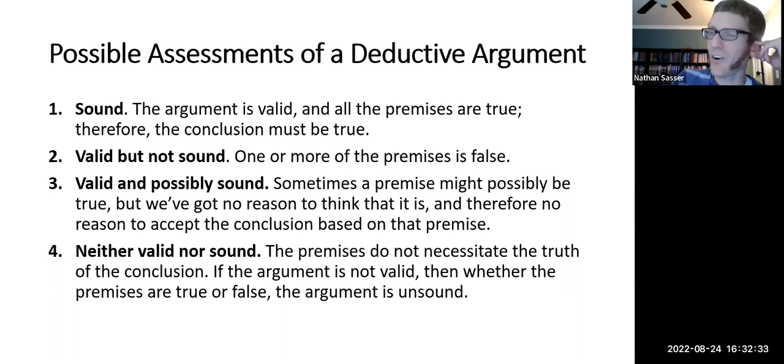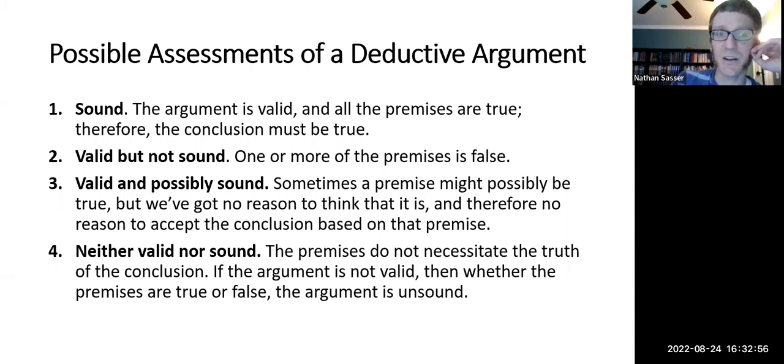You might determine the argument was logically valid, but it's not sound because one or more of the premises is false. So no go. You might determine that the argument is logically valid, but you're not sure whether or not one of the premises is true. And so therefore it's possibly sound, but possibly not, like we just talked about.